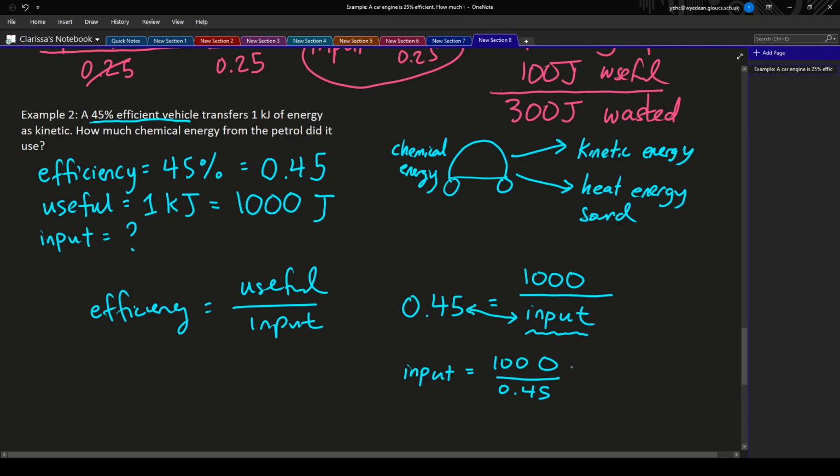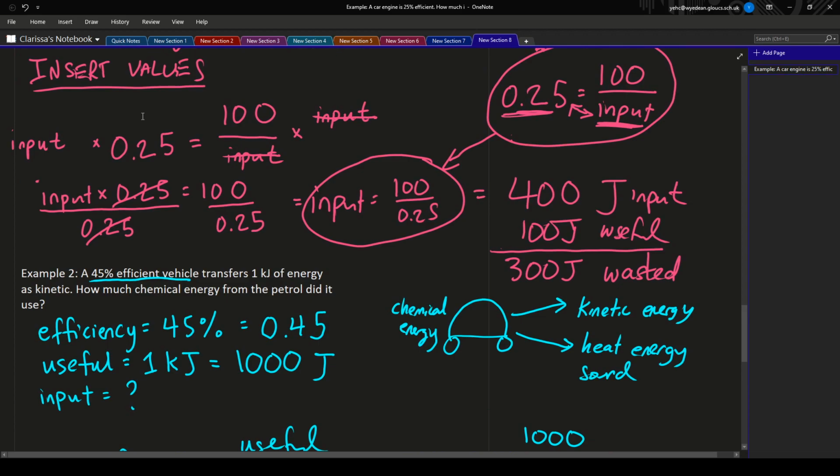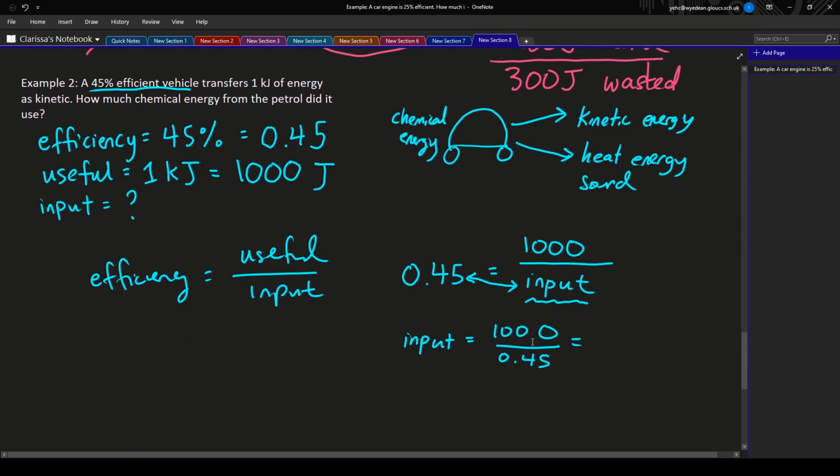And then I just stick that into the calculator. The reason why I showed you all of this earlier is to show you why the swapsy thing works. You're basically just doing the two rearranging steps in one, where you rearrange the input over onto the left, and then you're rearranging the 0.45 to be on the right.